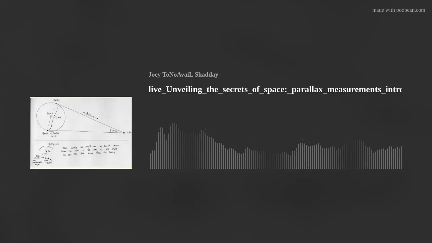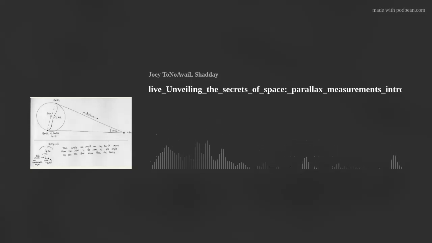Triangulation. By utilizing a technique known as triangulation, astronomers use Earth's orbital distance as a baseline, and the parallax angle to form a triangle with the observed star or planet as the vertex. This becomes the basis for calculating the distance.